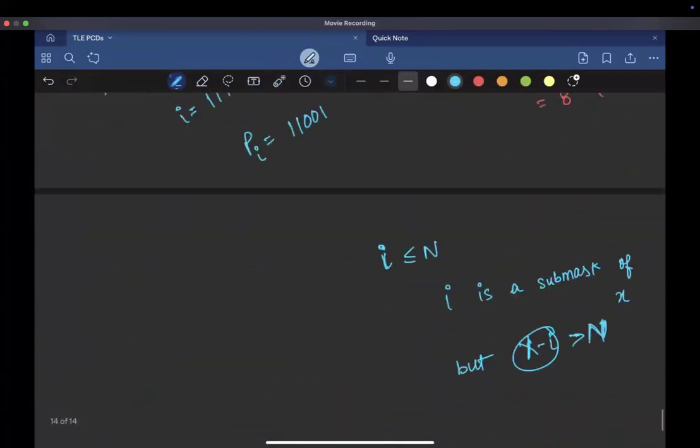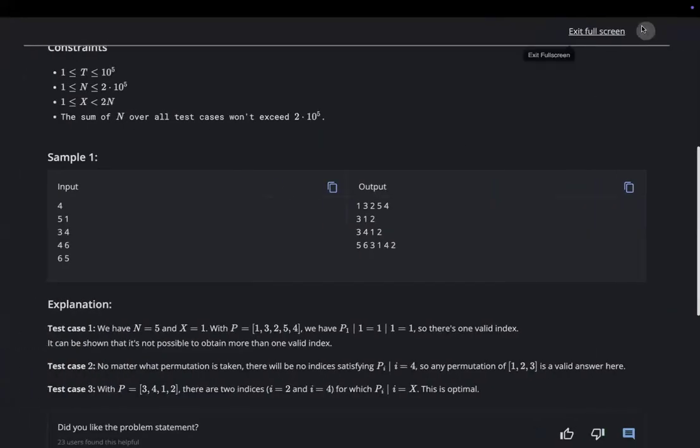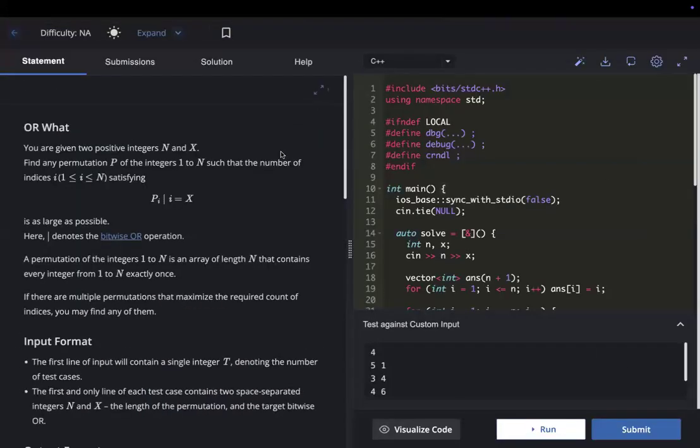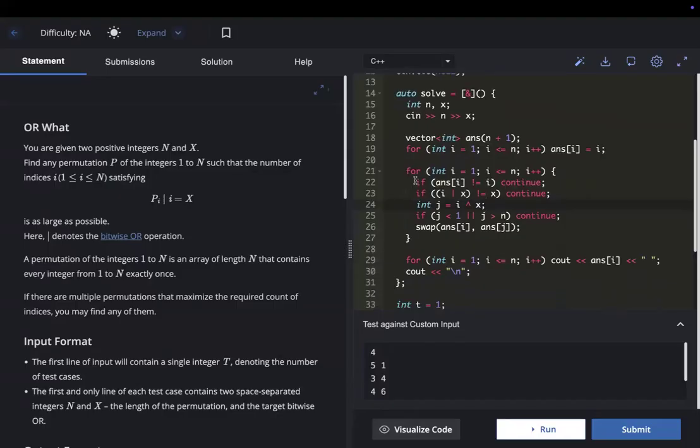Great. Then let's move on to the code part. I'm taking the inputs here for every test case. Then I initialize my answer with answer I equal to I for everyone initially. And then I am iterating from left to right.